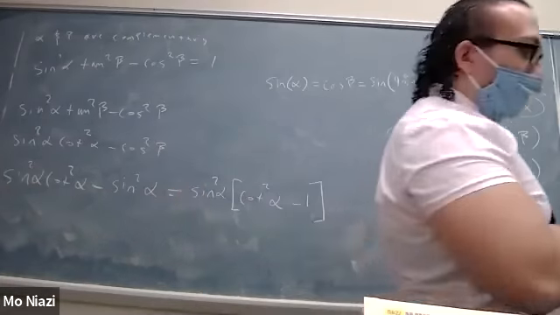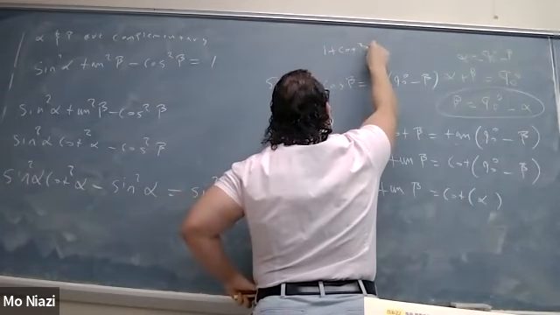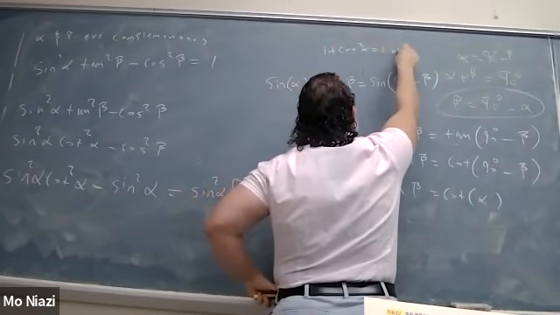Go back to 1.4. 1 plus cotangent squared is equal to cosecant squared. And cosecant squared is the same thing as what? Yes.